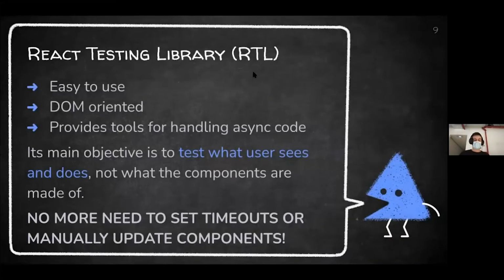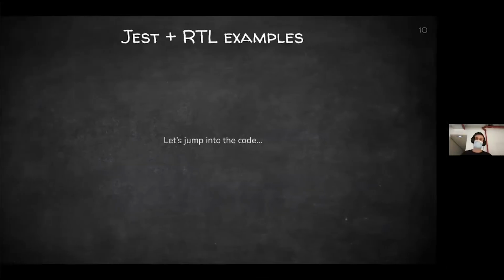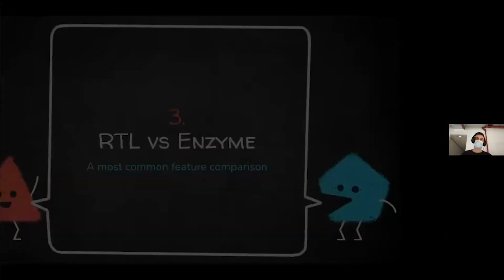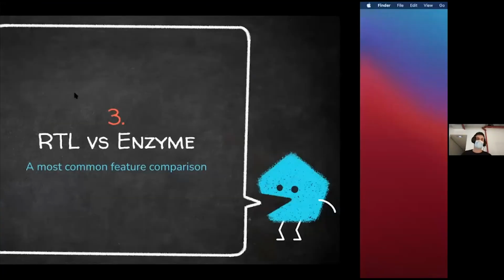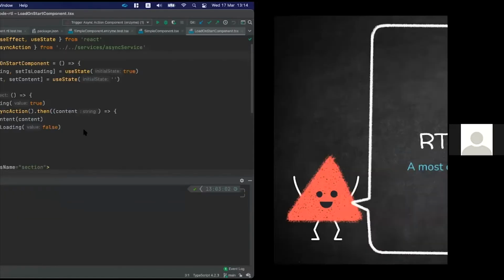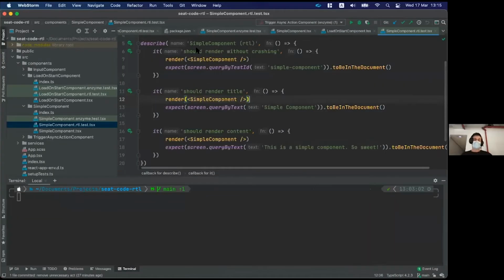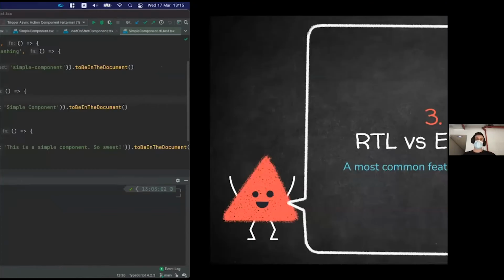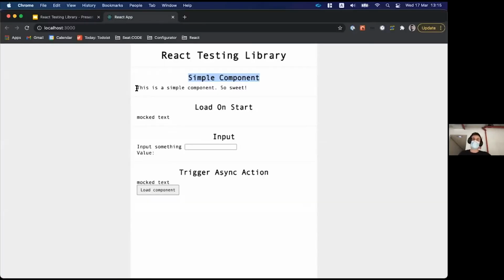So let's see an example of what a React Testing Library test looks like. In that case, the same test, with the component that we had, that was a simple component with its text, which is very simple.